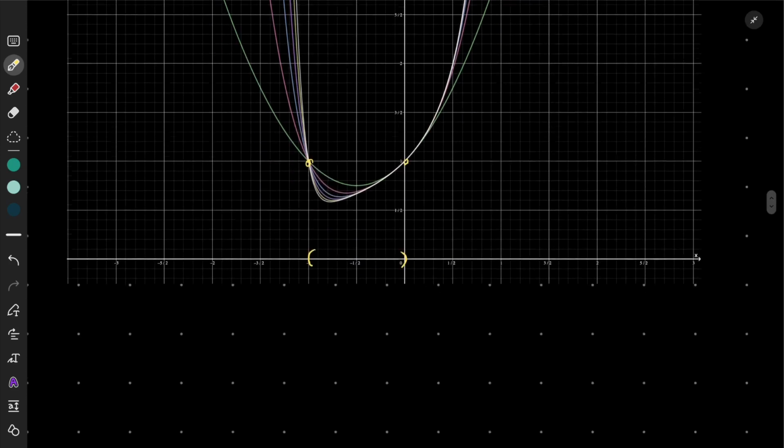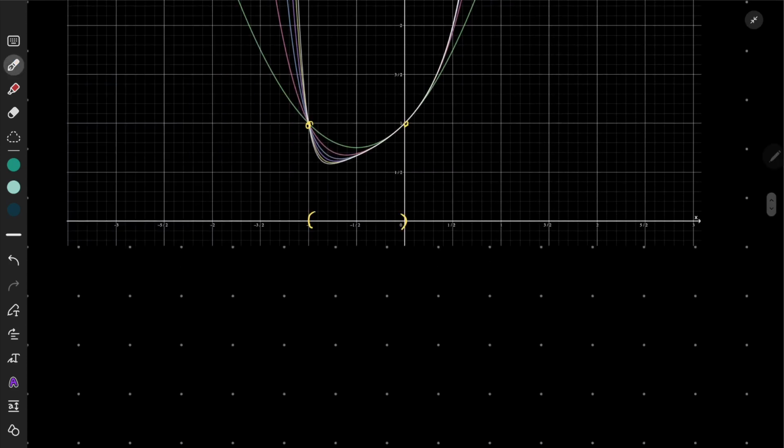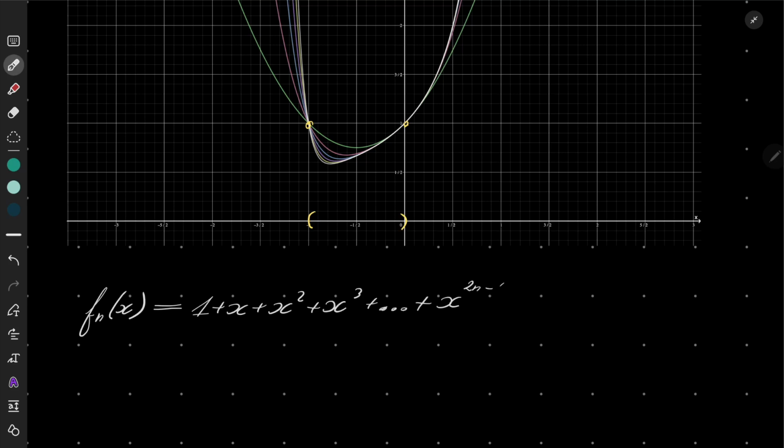Okay. So I will proceed as follows. First of all, let's take our formula for f sub n of x, which is 1 plus x plus x squared plus x cubed and so on, plus x to the power 2n minus 1 plus x to the power 2n. Okay, and now I will take one separately, and then from the next two terms I will factor out x, and I will have 1 plus x.